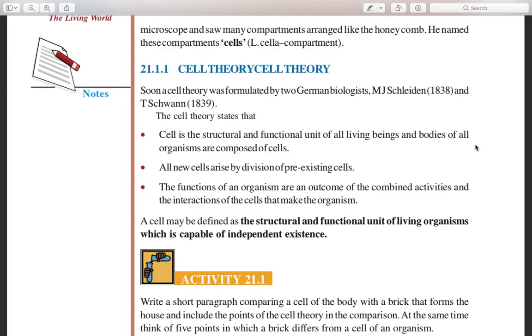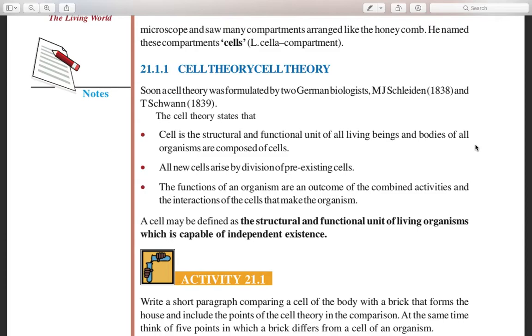Single cellular organisms will have only one cell, and multicellular organisms will have multiple cells. So the cell is the structural and functional unit of all living beings, and bodies of all organisms are composed of cells. The second point is that all new cells arise by division of pre-existing cells.